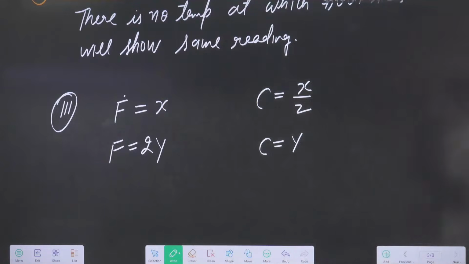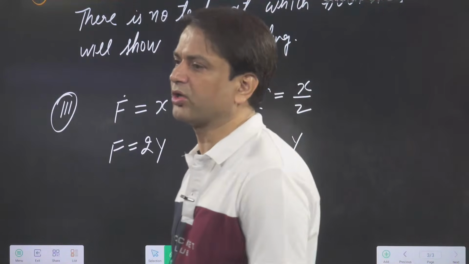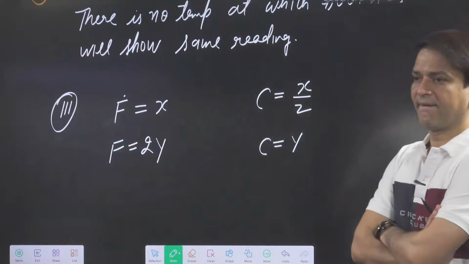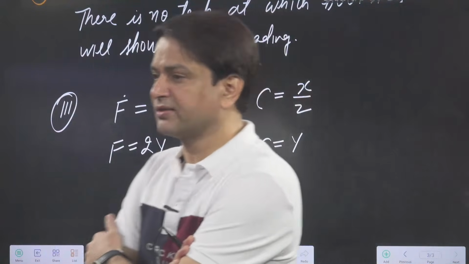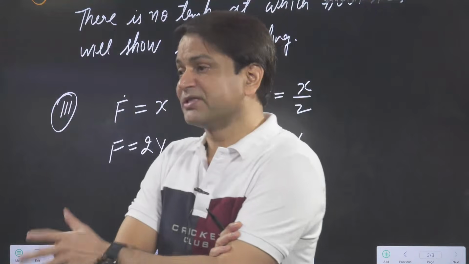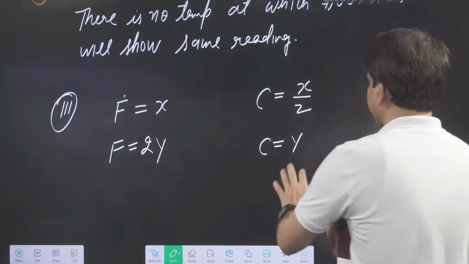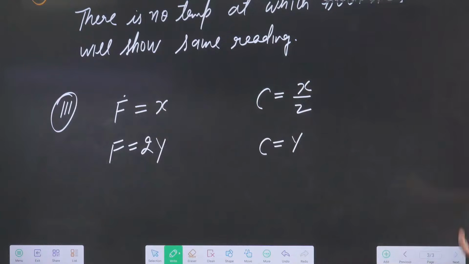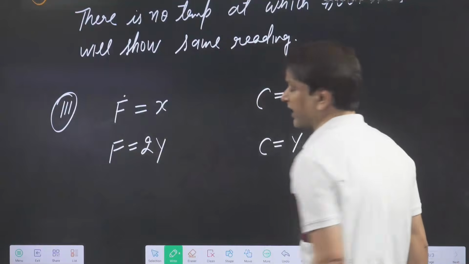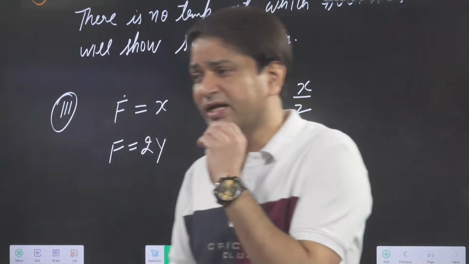In the mathematics steps, whatever answer you are getting is okay, but what silly mistakes can you make? Either I take F equal to X, then C is X by 2, or I take C equal to Y, then Fahrenheit is 2Y, because Fahrenheit is double. So either I take the first one or the second one.